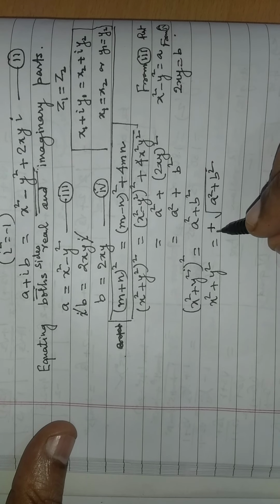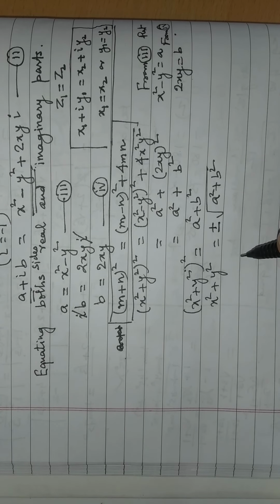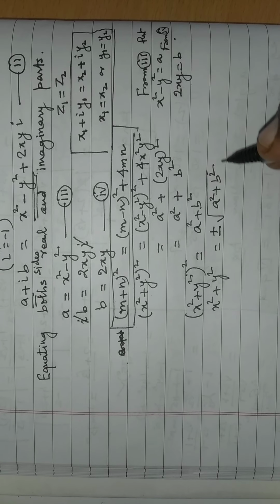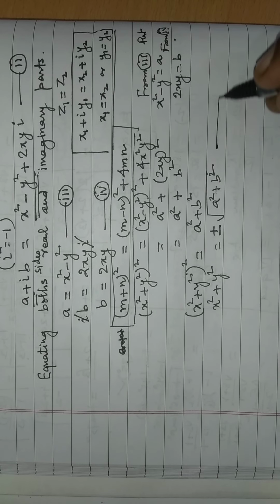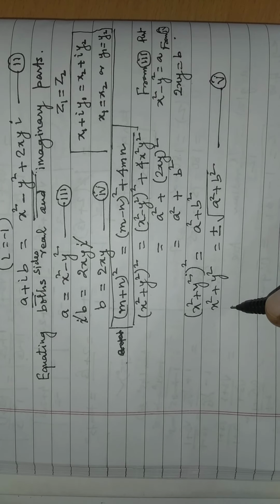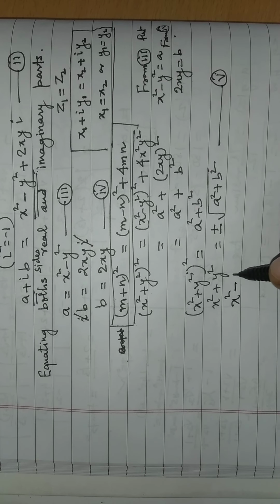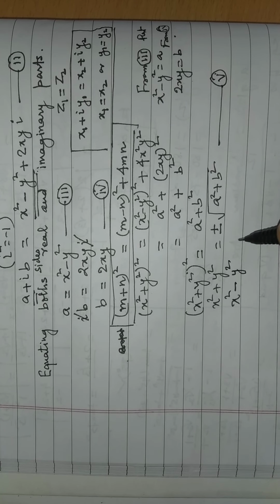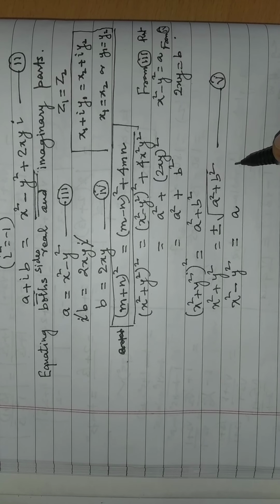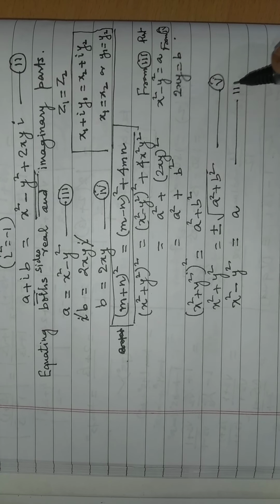I am taking plus and minus sign here because the square root of any number gives a positive and negative value. Suppose this is taken as equation number 5, and we have just calculated x square minus y square equal to a. So this is equation number 3.